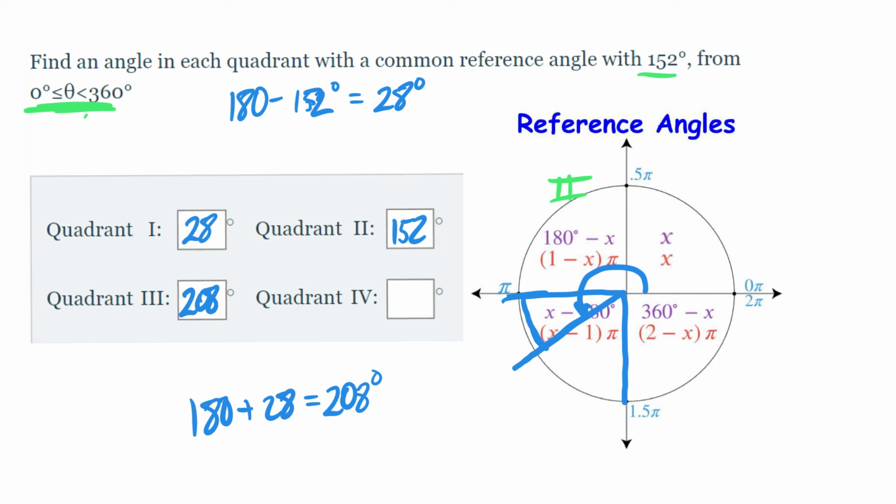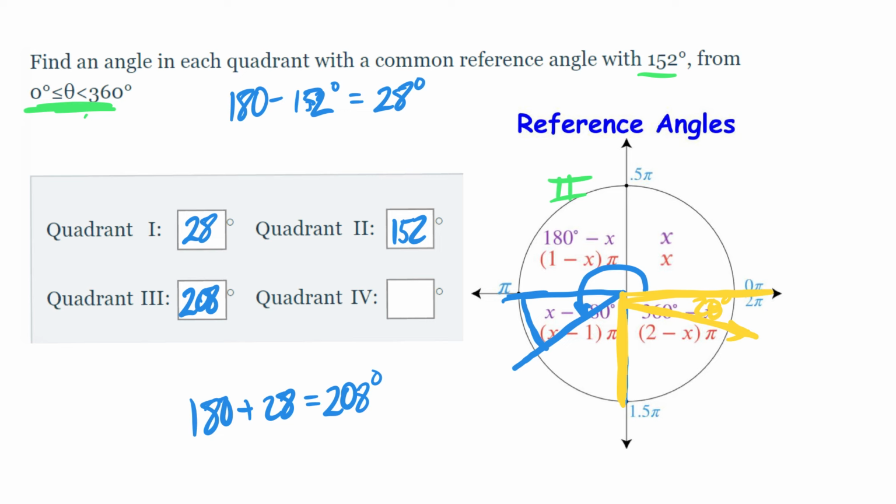And then lastly would be the angle measurement that would fall into the fourth quadrant right here. And it would be 28 degrees away from our x-axis. So it's going to be 28 degrees short of 360.